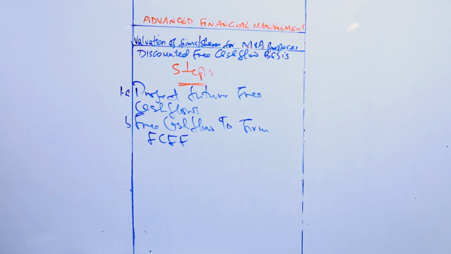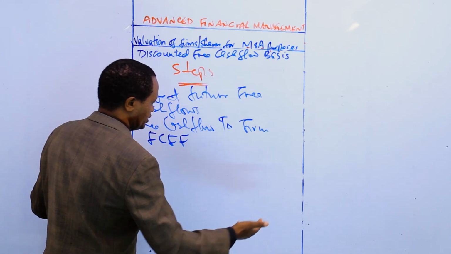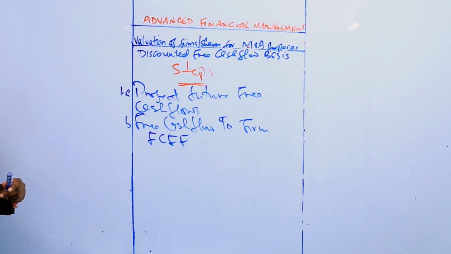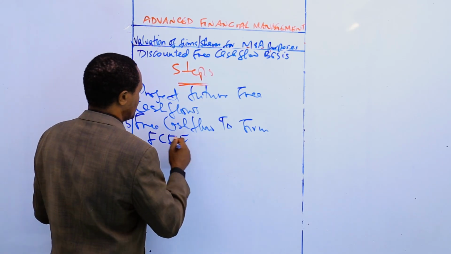This represents the cash flows available to all the capital providers, that is the equity holders and the debt holders. And how do you calculate the free cash flow to firm?